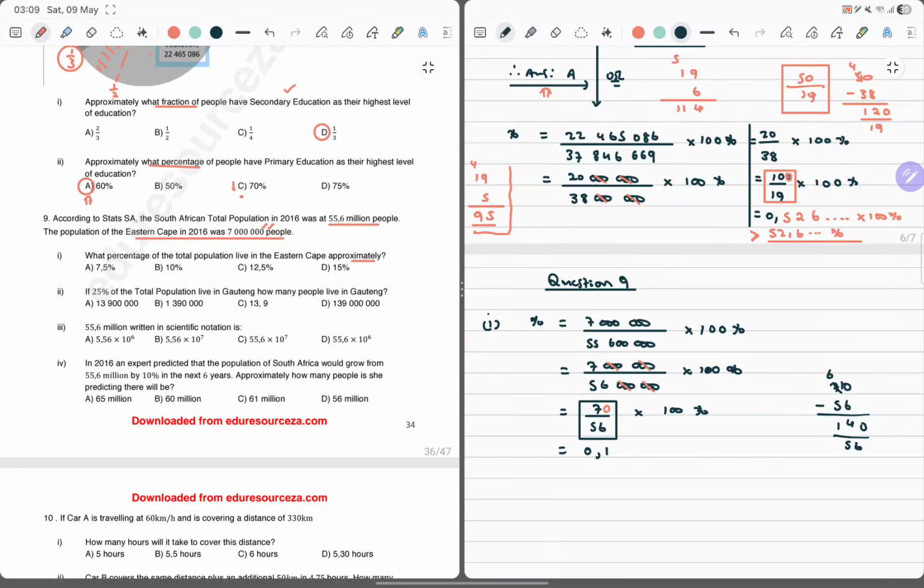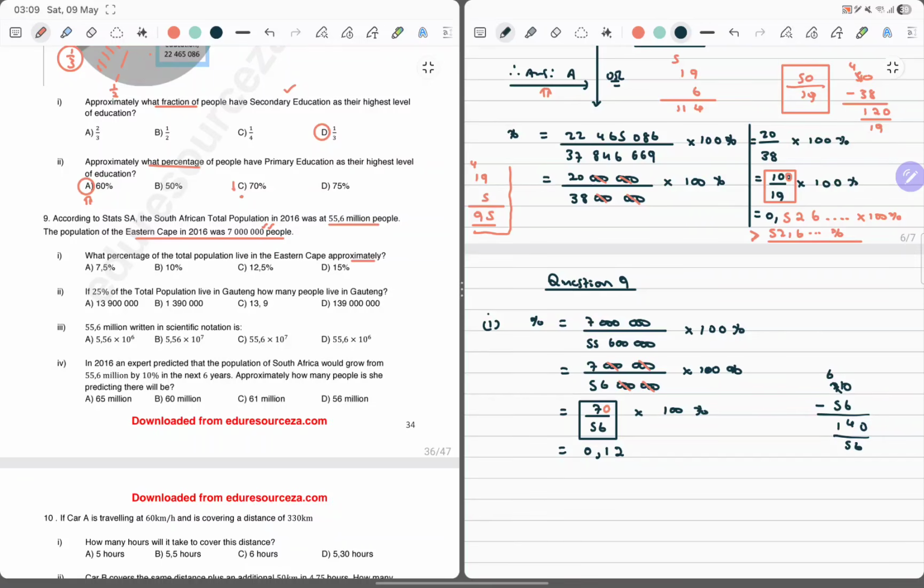It goes 2 times. So this is going to be 2, right? 2 times. Then 56 times 2 is what? It is 112.